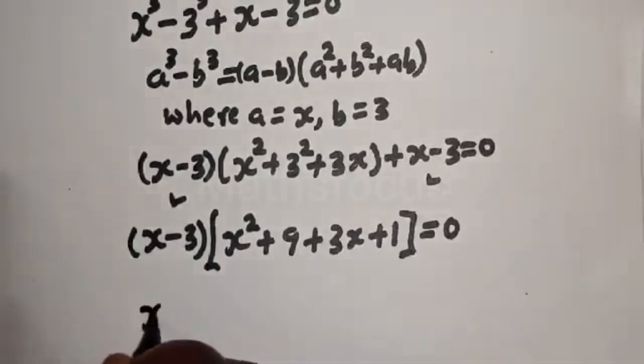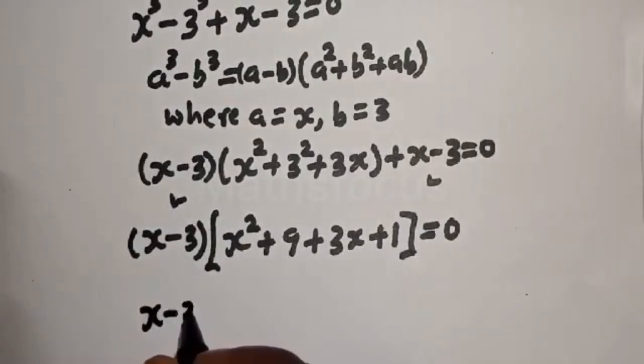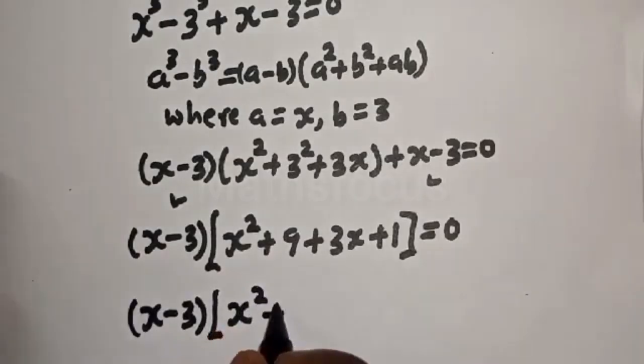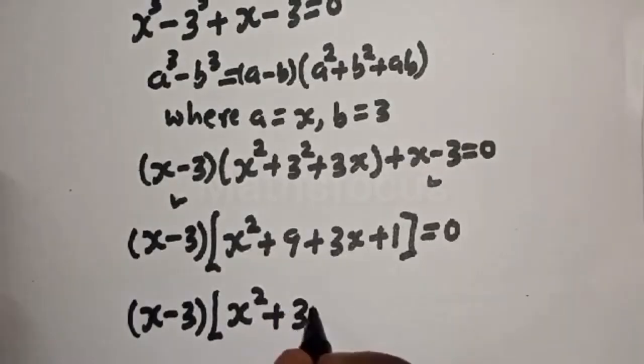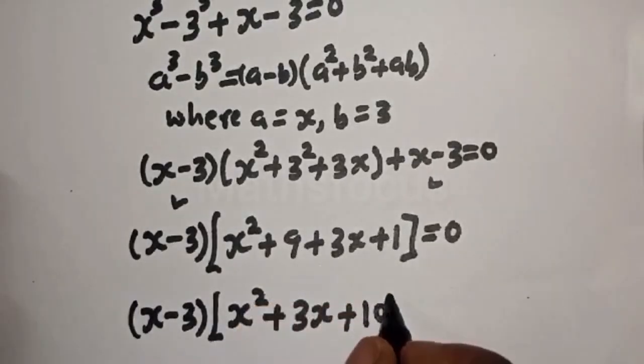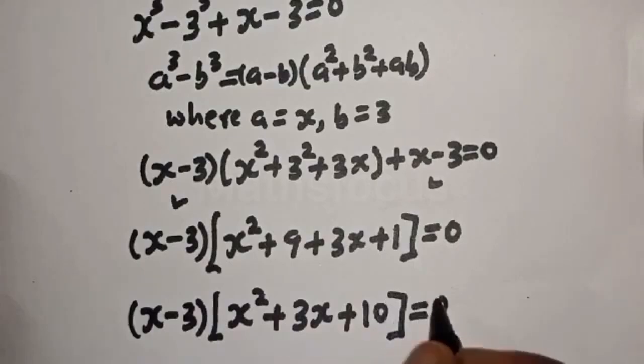This is s minus 3 bracket s square plus this 3s plus 9 plus 1, that is 10, equal to 0.